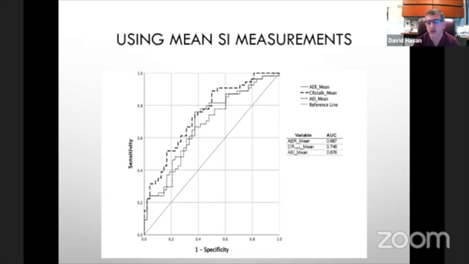So if the aneurysm is greater than 7 millimeter, we accepted that as a ground truth of increased risk of rupture. Anything below 7 millimeter is decreased. And when we did that, looking at specificity and sensitivity, we found that the stalk ratio is much better than the other 2 ratios. We used the mean signal intensity, which means we collected 4 different points in 4 different quadrants in the aneurysm and averaged that.